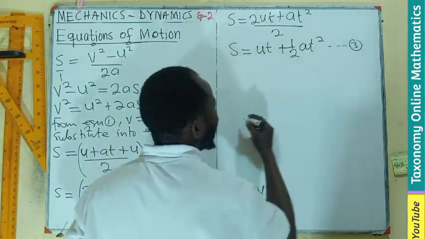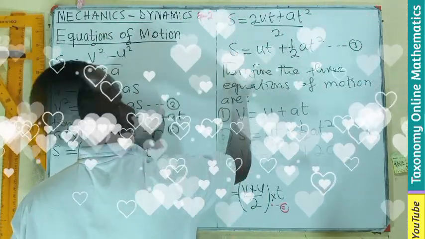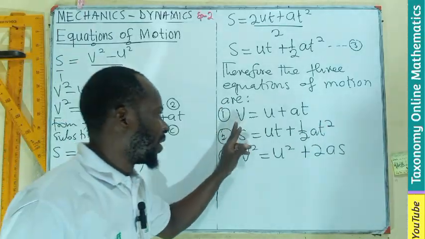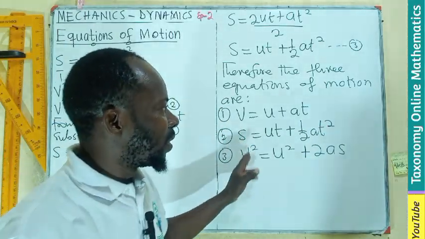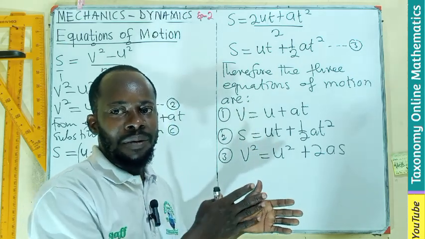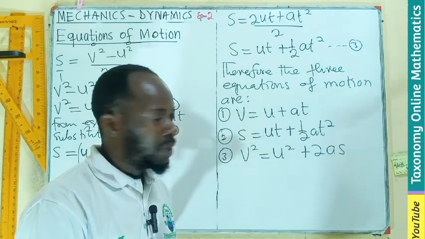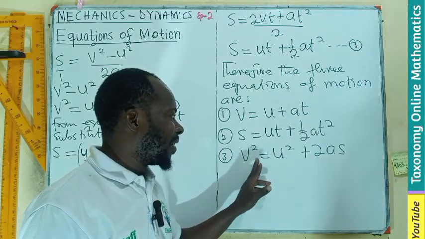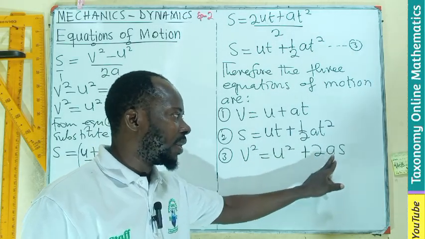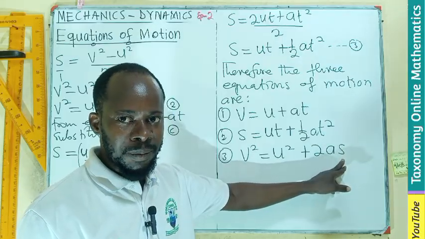That gives us the 3 equations. So therefore, the 3 equations of motion become this, this, and this. Now, each of them can be used based on the type of information provided in the question. So if we are here, these are the information you need: final velocity, initial velocity, acceleration, and displacement or distance.